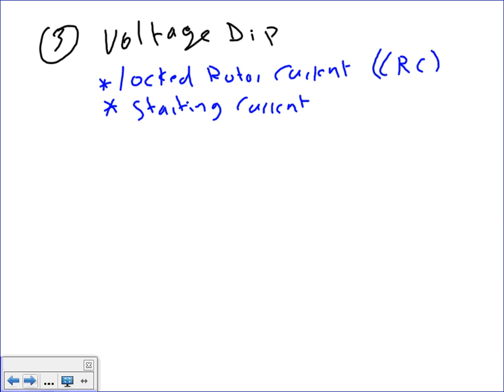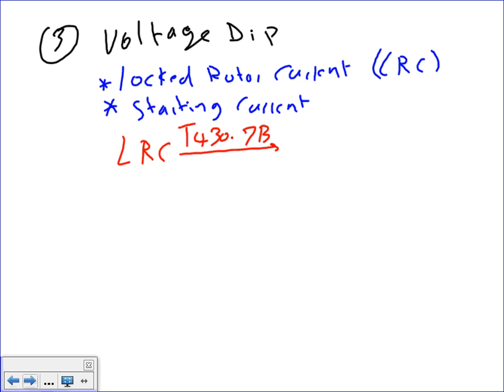Okay, to find the locked rotor current, you need to go to Table 430.7(B).